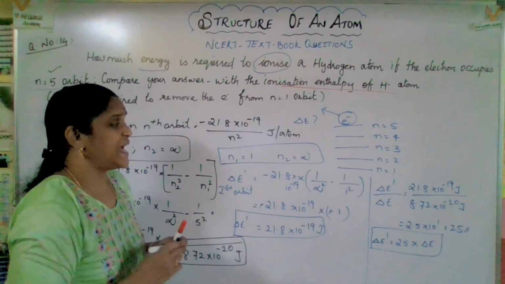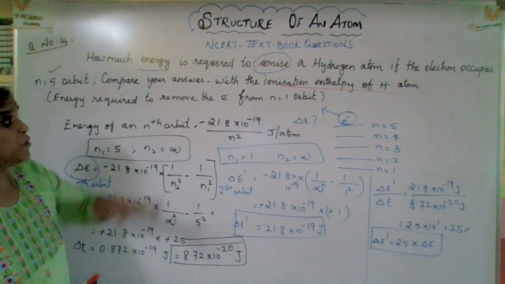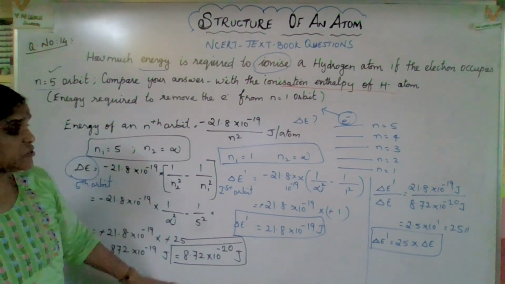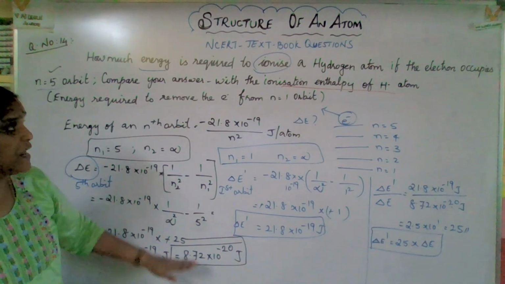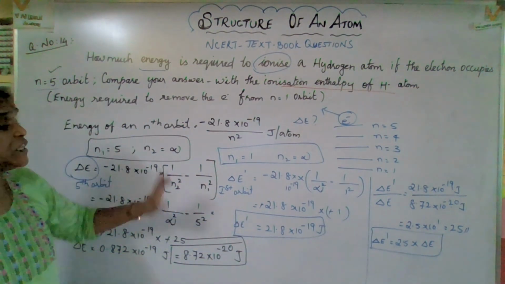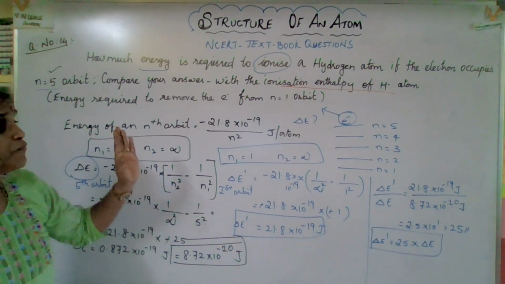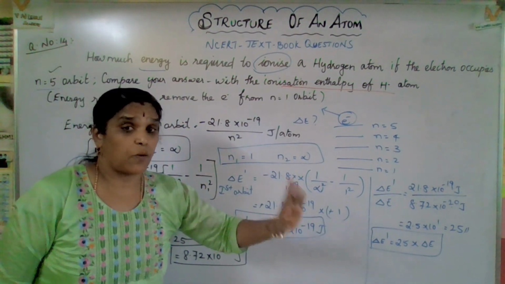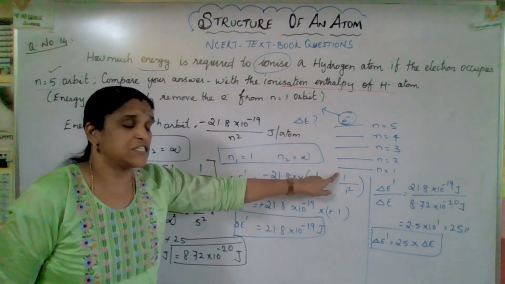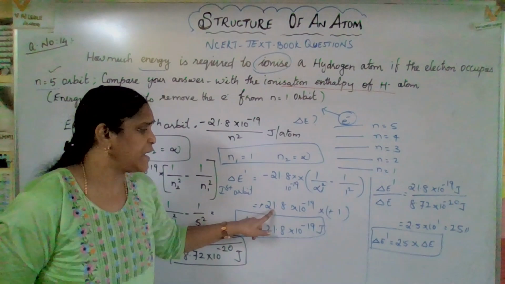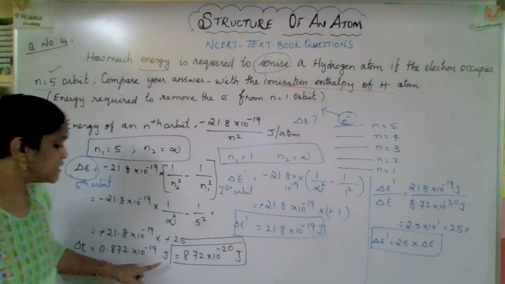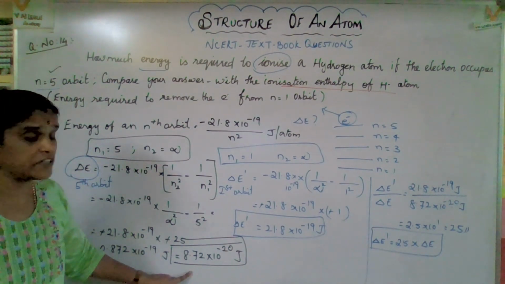So the energy required to remove the electron from the fifth orbit, how much it is, this one, and for the first orbit, this is the answer. Now if we compare both, for the first orbit only this much energy is required, but for the fifth orbit electron, this much energy is required.